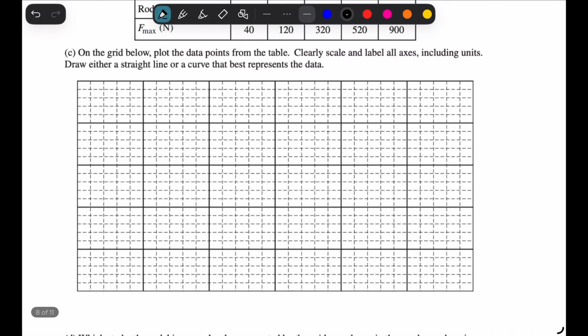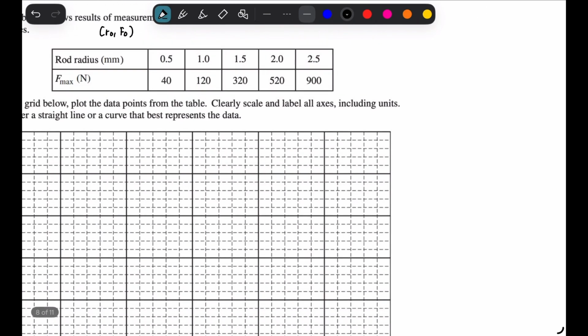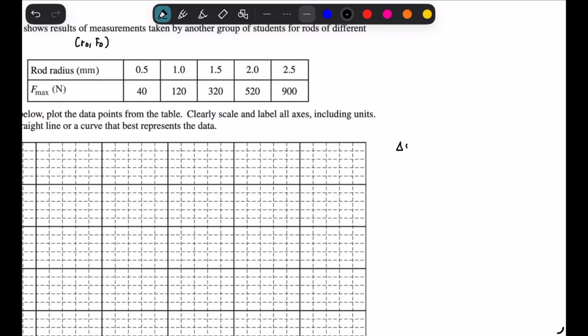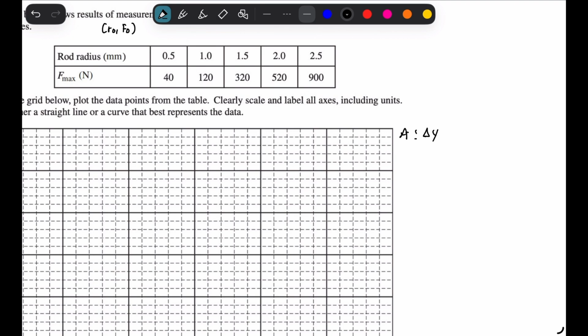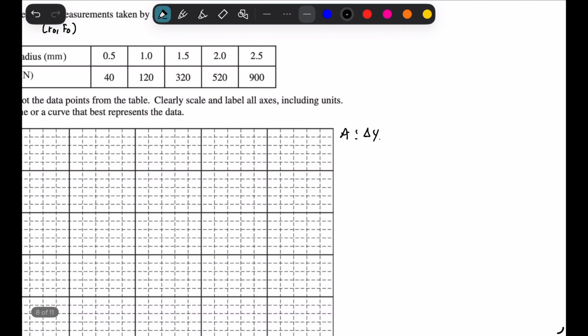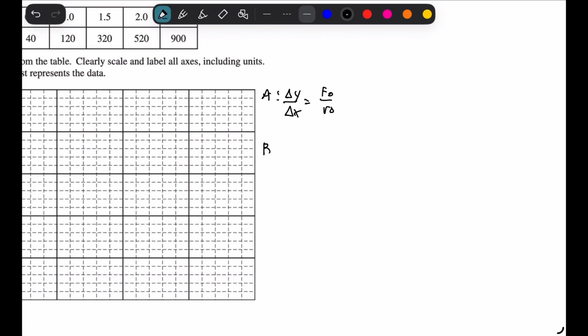Now, for graph A, we can expect this to be our delta y. For student A, this is going to be delta y over delta x, and that's F initial over R initial. For our graph B, this is going to be delta y over delta x again, and this would be F initial over R initial squared.